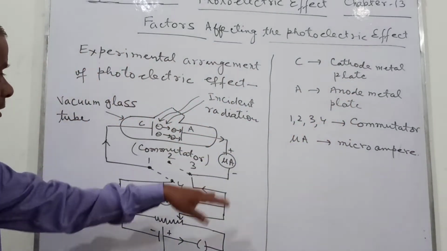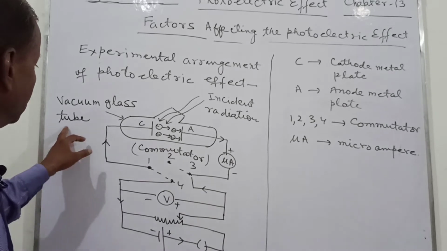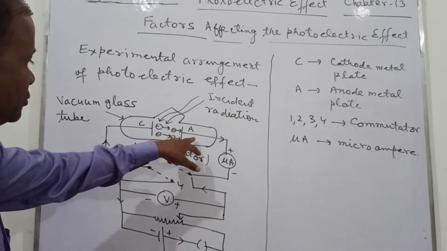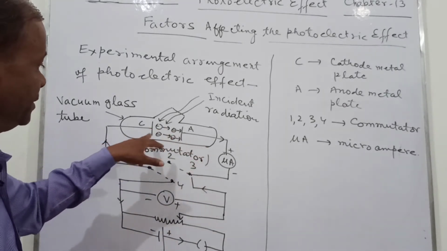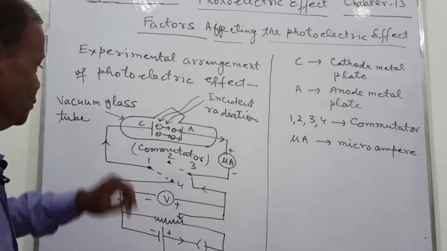So this is all the arrangement, and these cathode and anode are kept in a vacuum glass tube.